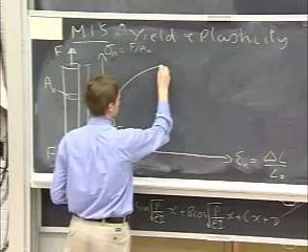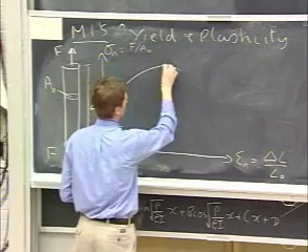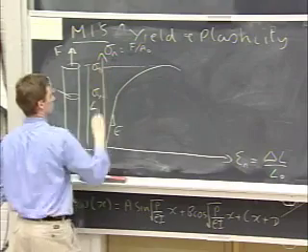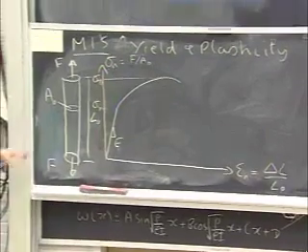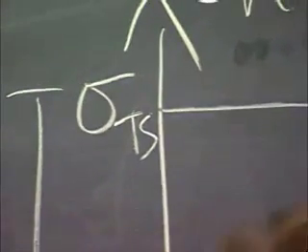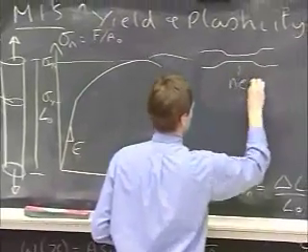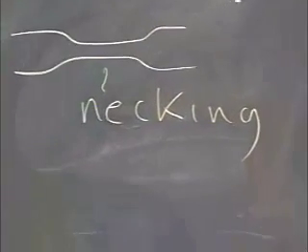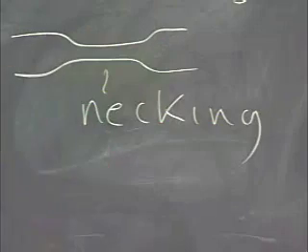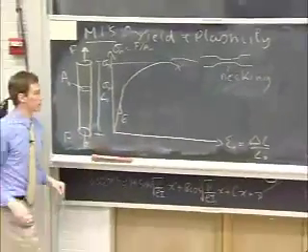Then at some point, we get a maximum in the stress-strain response, usually called the tensile strength, sigma subscript TS. That's the maximum stress the material can carry, at which point, and we'll talk more about this, we see this necking phenomenon, this reduction in cross-sectional area in a very ductile material down to a near point. And then somewhere after that, we get failure, breaking into two halves.